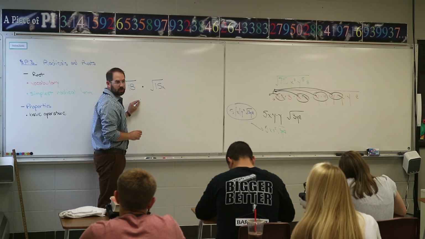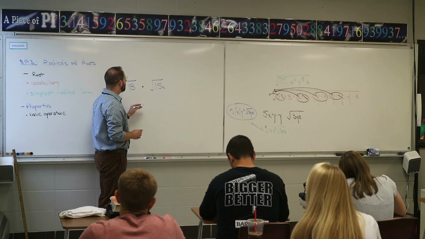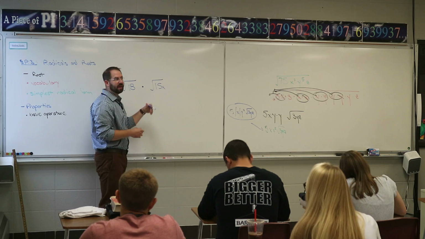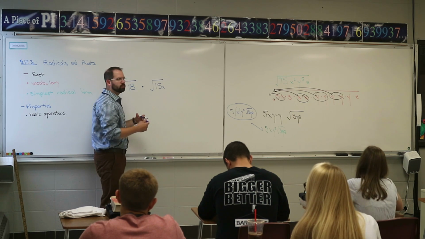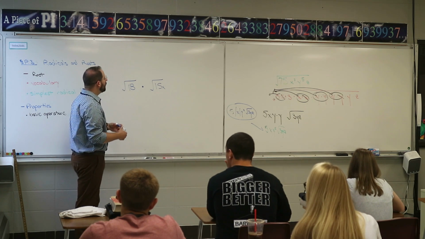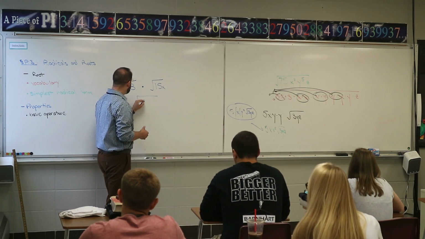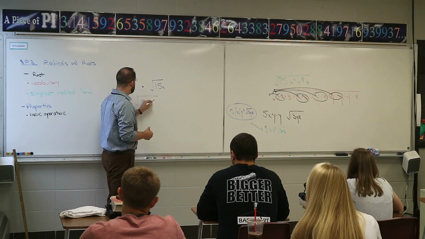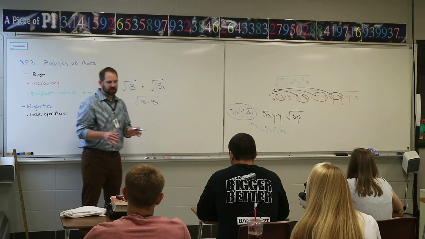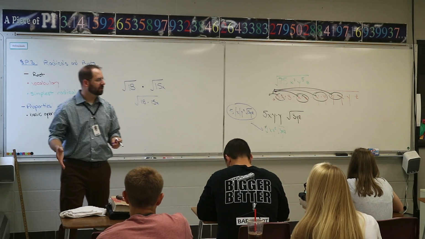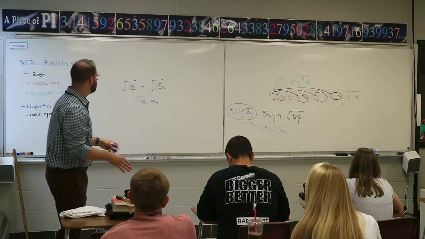There are different ways you can do this problem. Some people like to break it down and simplify first, and there's a reason why that can be helpful. I usually just put them next to each other. I don't actually multiply 18 times 15. Silly, don't do it.